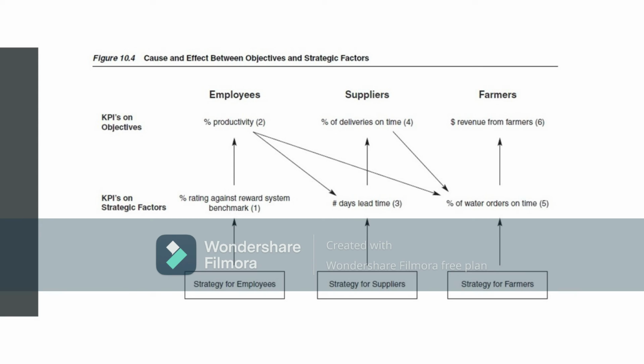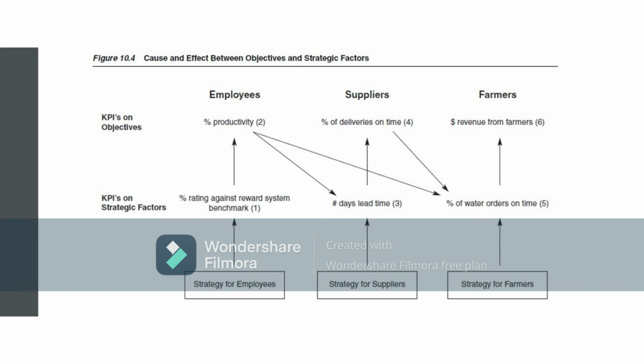So, for Griffith Irrigation, to track the success of its employee strategy, it can check its effect on KPIs on strategic factors as well as its impact on KPIs on objectives. But there's a flow-on effect from this strategy, as we see illustrated by the arrows moving out from KPIs on objectives.